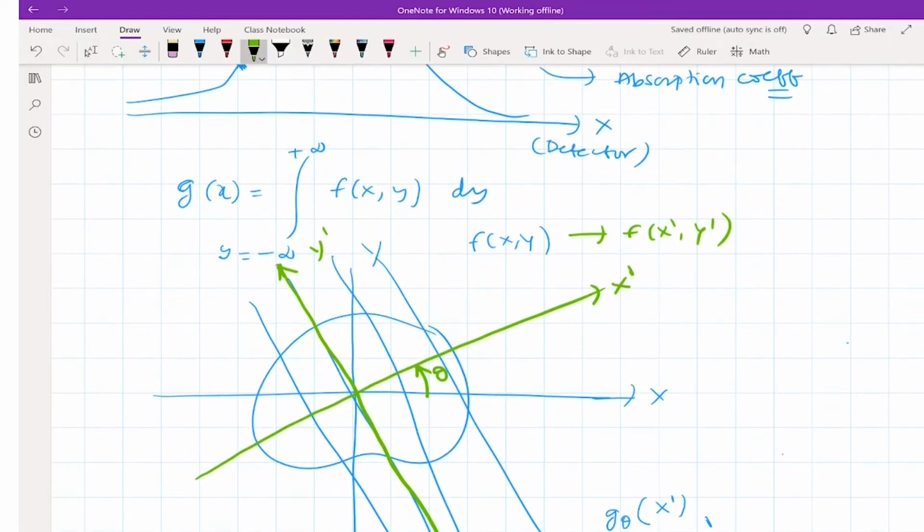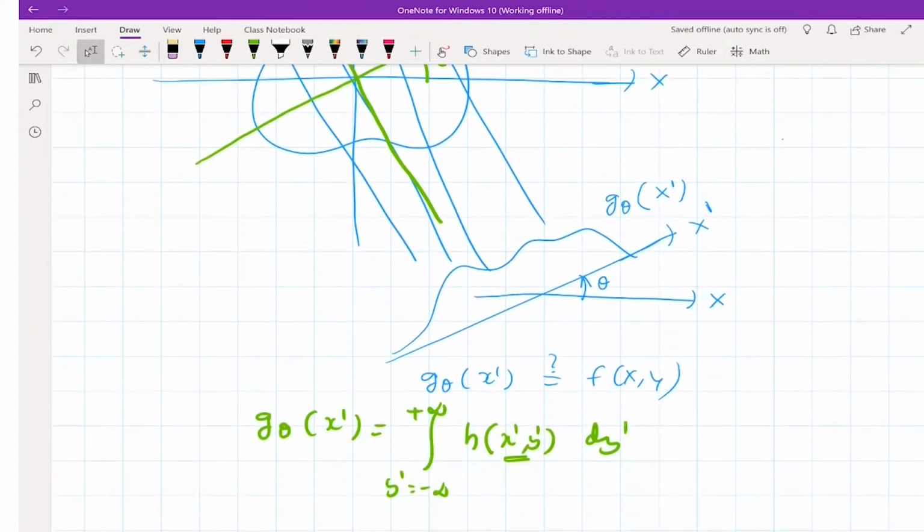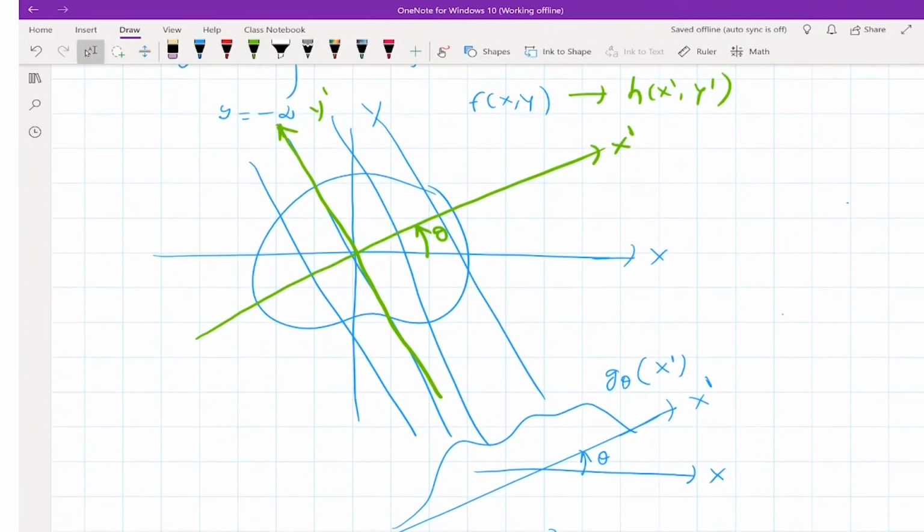This will not be right straight away, so let's call this some h of x prime comma y prime. Then you just take y prime from minus infinity to plus infinity, take any line here and integrate all those values, and that would give you this value. That's how you would get that.